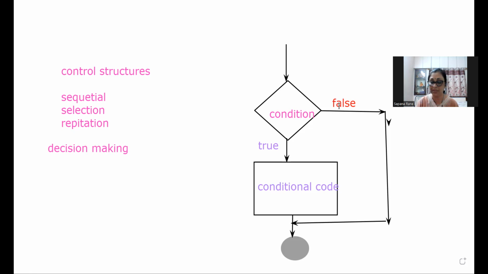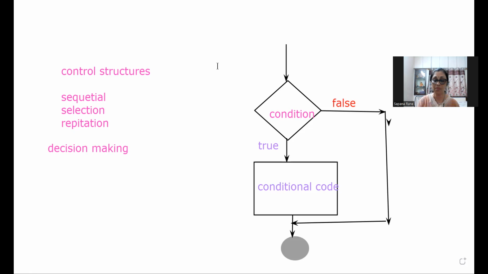There may be a situation when you want to check for another condition after a condition resolves to true. In such situations, you can use the nested if construct. The nested if construct is also available in Python programming. So this is all about decision making.